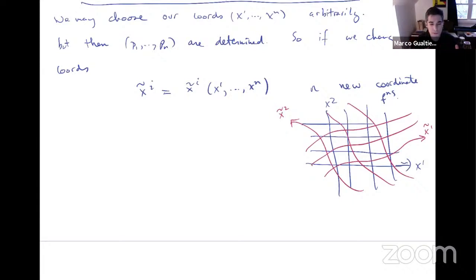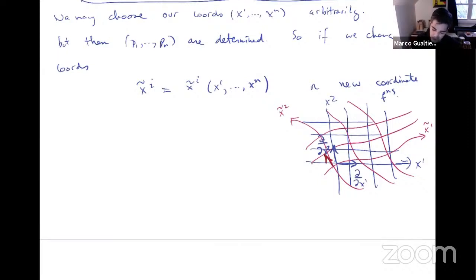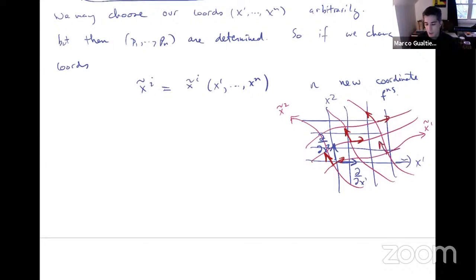These n new functions are prescribed functions of the previous coordinate system. So the point is that the vector fields I'm now using as a basis used to be d by d x1 and d by d x2. But now in the new coordinate system, there's a new basis, and that new basis actually depends on where you happen to be.